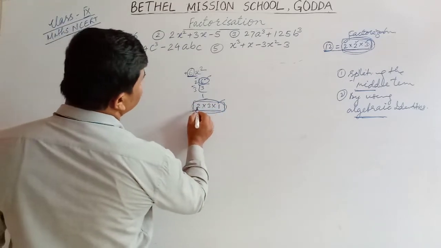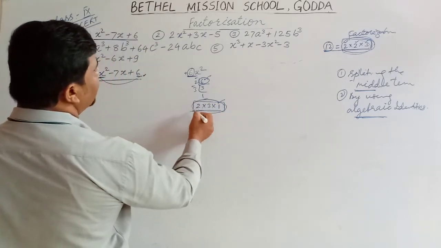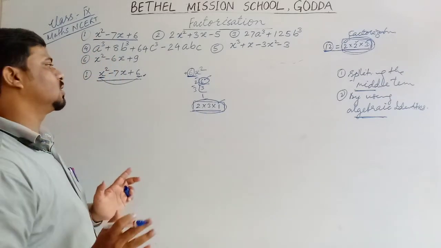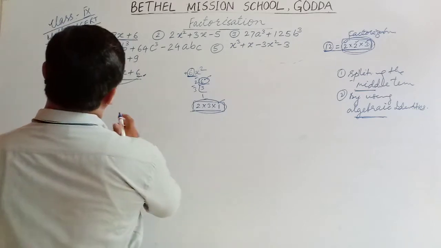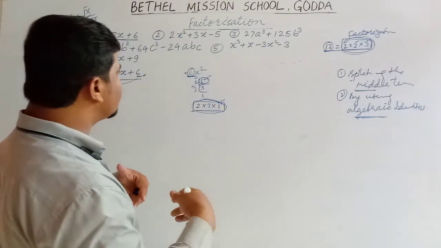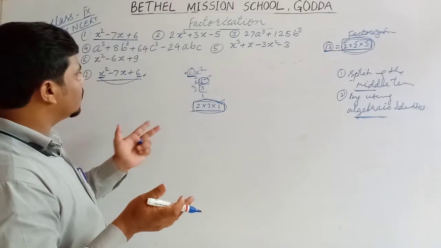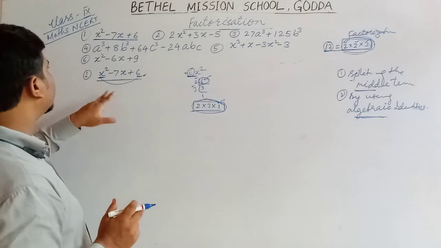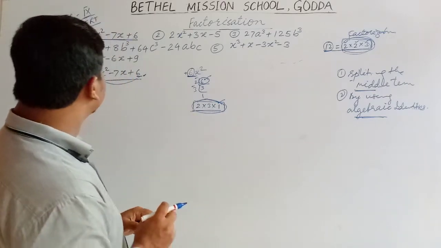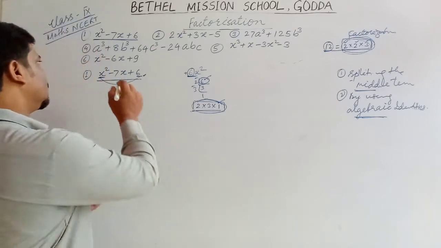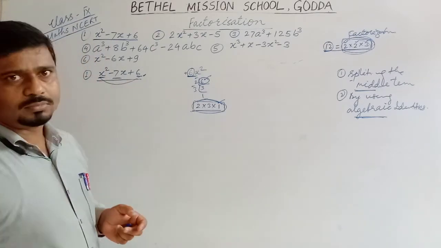You will regroup them in such a way that after adding or subtracting, the middle term should come.